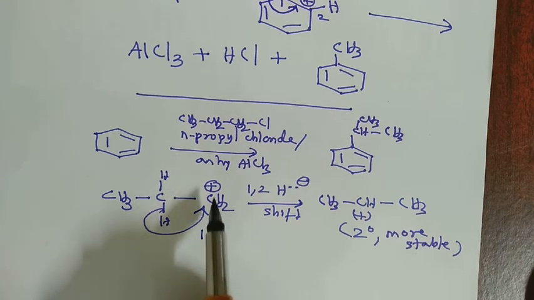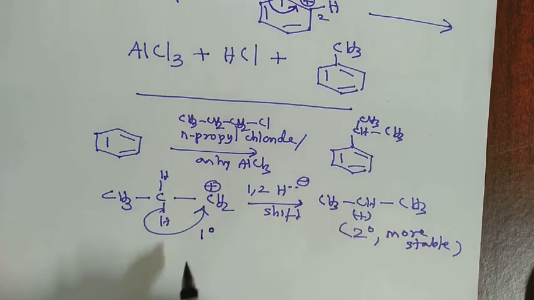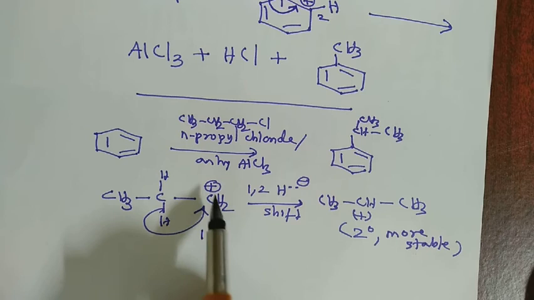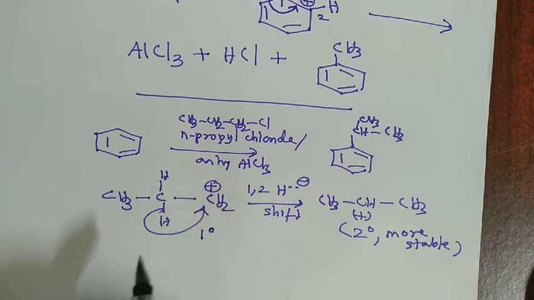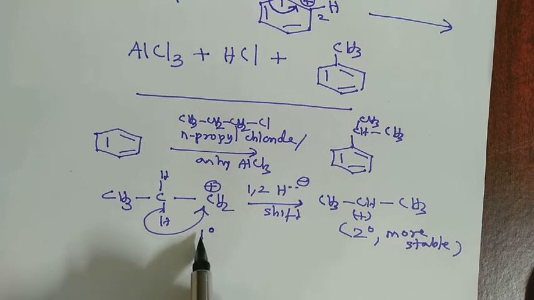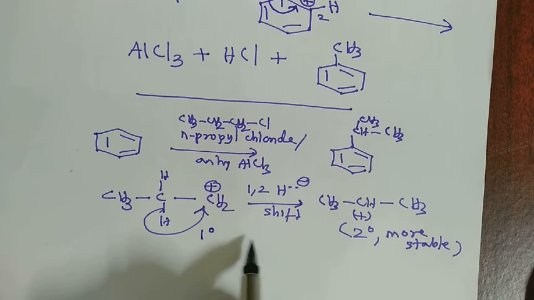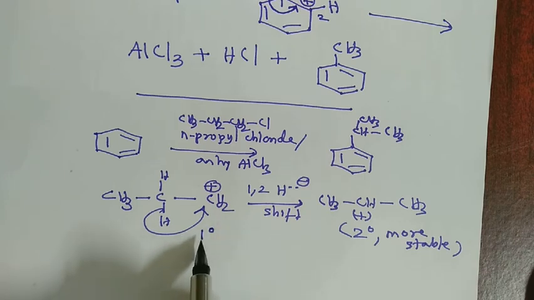Carbocations are classified into primary, secondary, tertiary depending upon the nature of the carbon atom carrying positive charge. The relative stability of carbocation follows: primary is least stable, secondary is more stable than primary, and tertiary is most stable among alkyl carbocations.